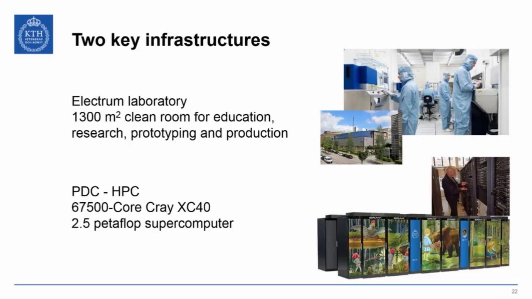And the PDC high performance computing machine is a huge supercomputer. It's named Beskow after a very famous Swedish author, and it's one of the fastest academic supercomputing systems in Scandinavia. So that concludes a little bit about our research and research environments here.